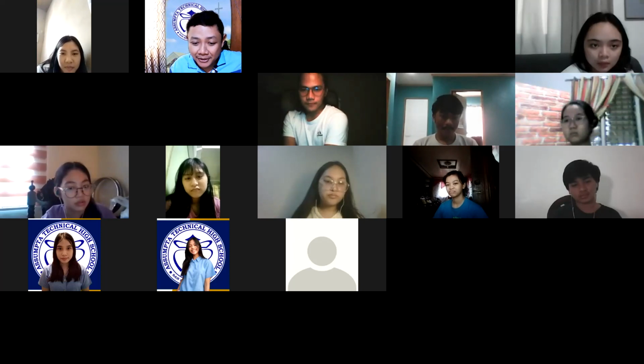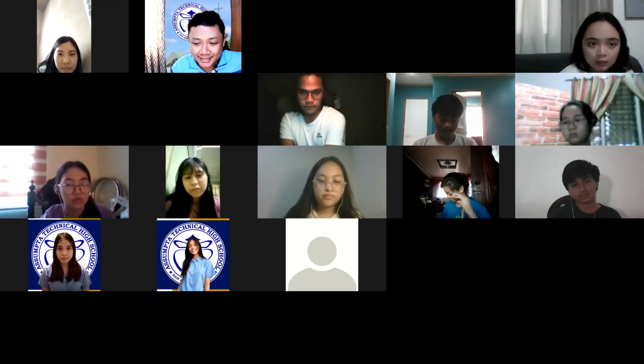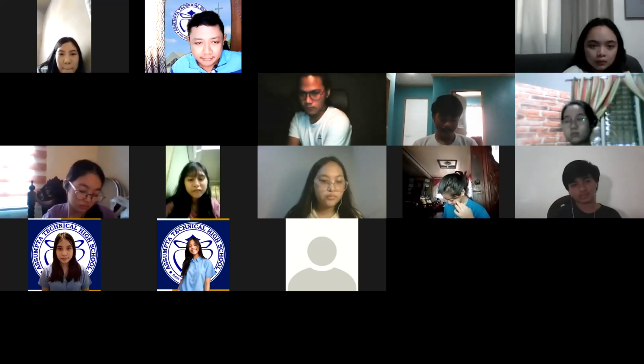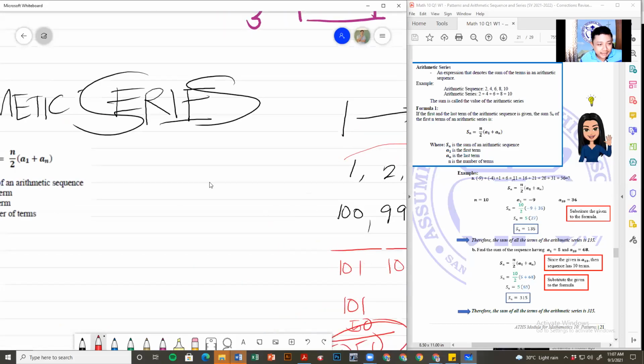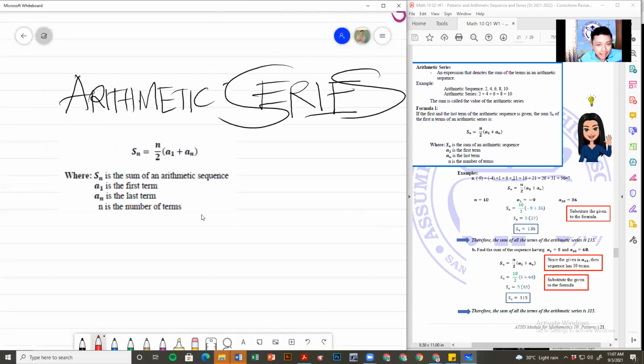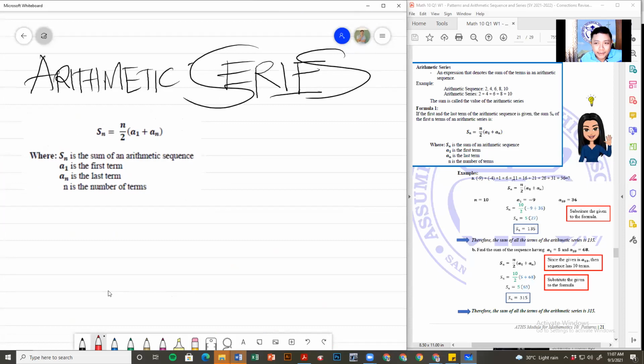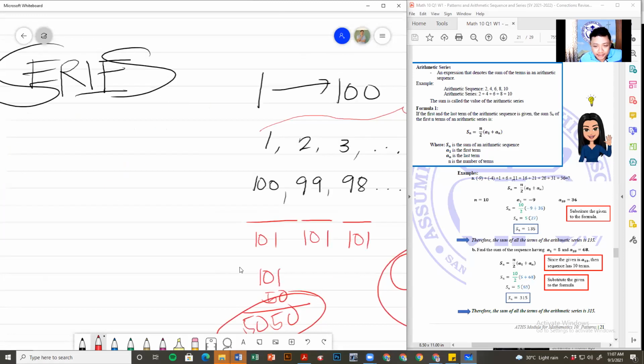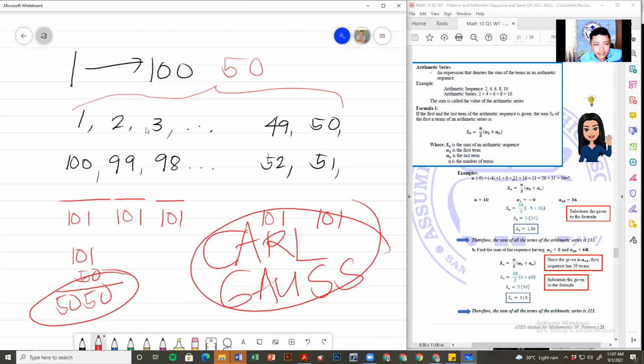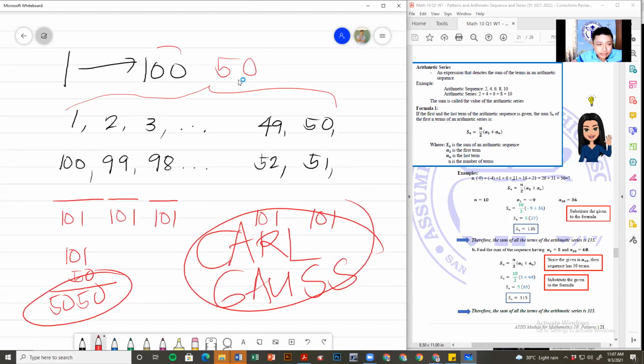Okay? So, going back to the discussion of our arithmetic series, here, this is now the formula. So after learning the story, you will now understand where this formula came from. Okay? So it's n over 2 kasi just like what Carl Gauss did here, he divided the total number by 2.